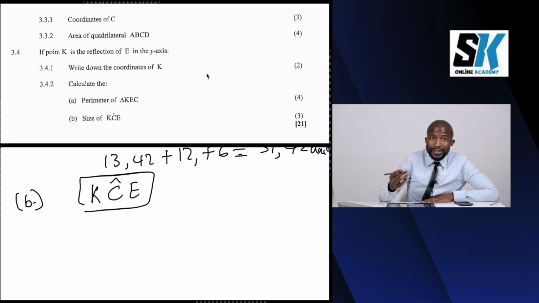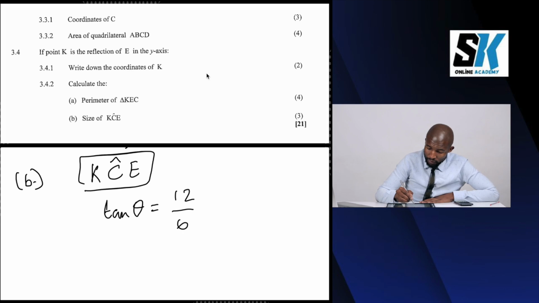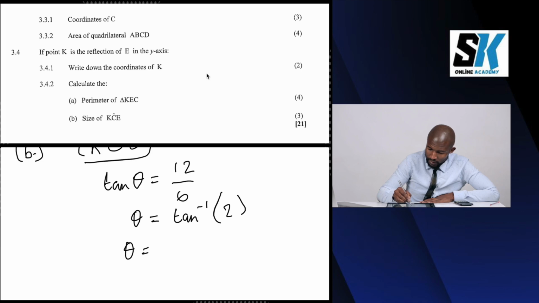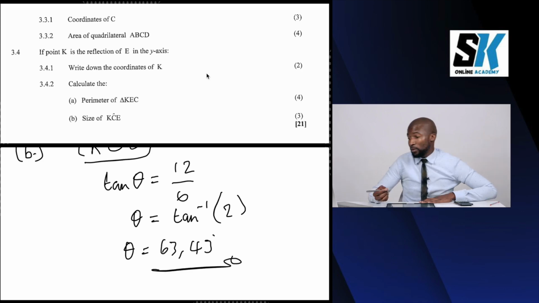That means you're going to use tan. So tan theta has to be equal to 12 over 6. You're looking for theta, so you use shift tan, and since 12 over 6 is 2, your theta will be 63.43, and that is how you would find the size of the angle KCE for 3 marks.